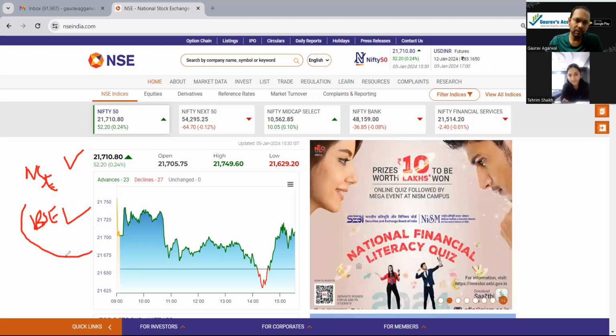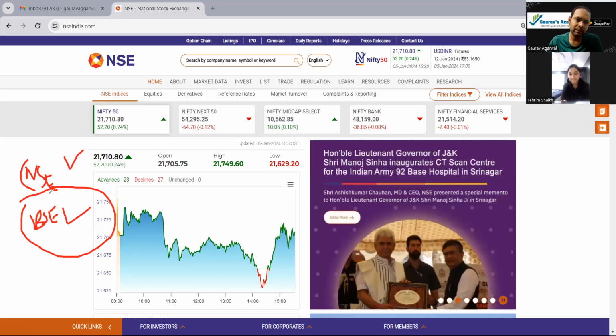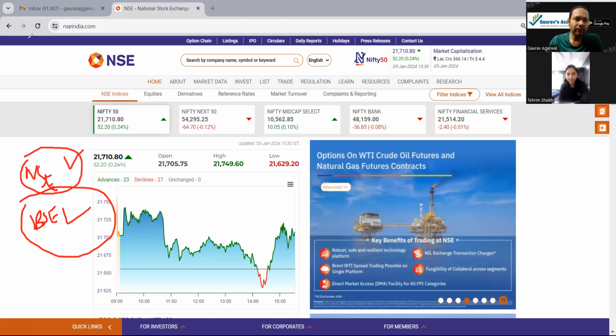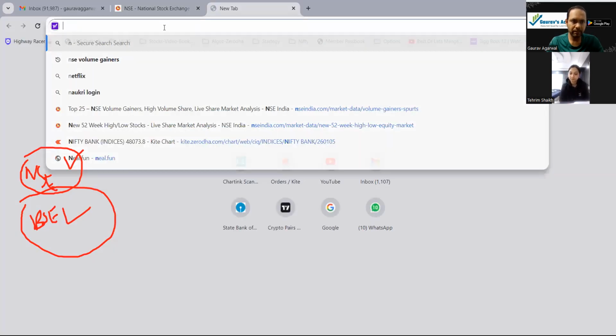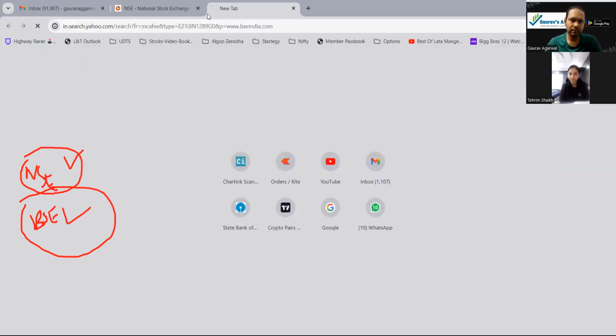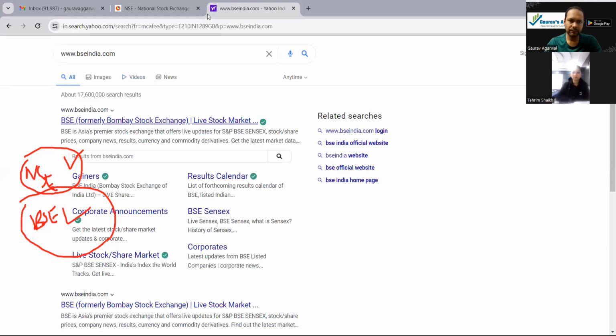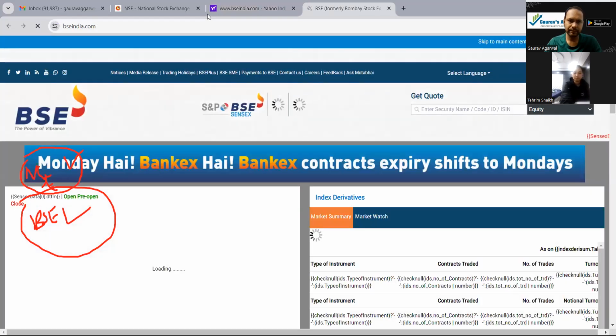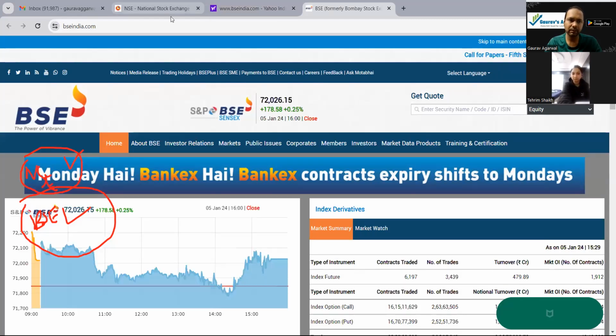BSE is the old exchange, and NSE is the new exchange. So we have two websites, nseindia.com and bseindia.com. Fine. So these two websites are there, right?